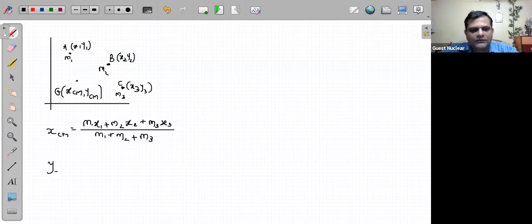And in the same way, the y coordinate of center of mass can actually be obtained to be simply equal to m1 y1 plus m2 y2 plus m3 y3, and this has to be whole divided by the sum of masses, that is m1 plus m2 plus m3 here.